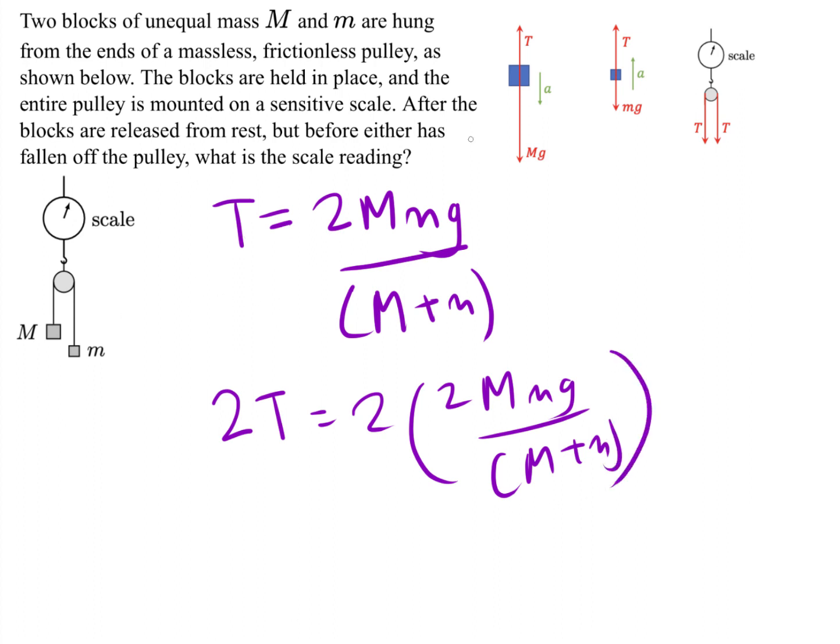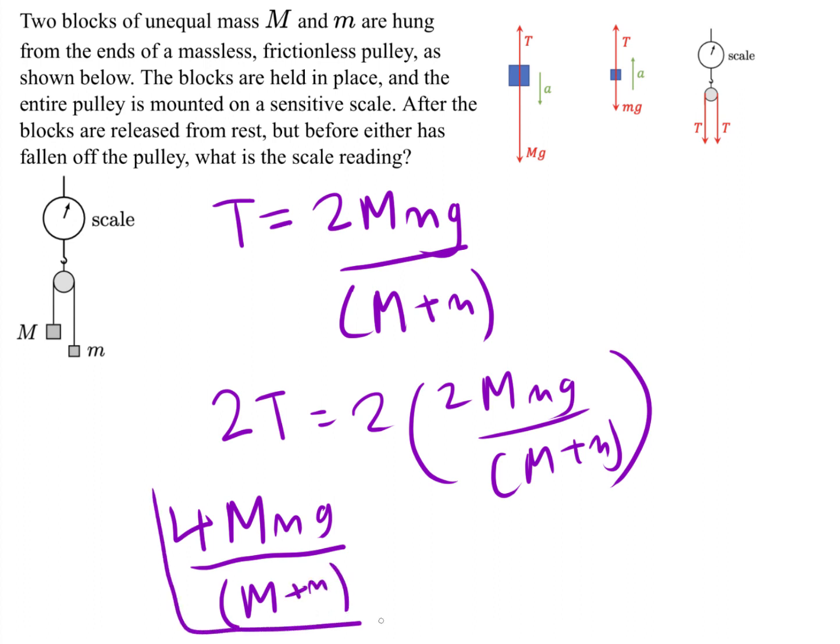The actual force on the scale, or the scale reading, will be equal to 2 times the tension force, or 4 times the mass of the larger one times the mass of the little one times the acceleration due to gravity divided by the mass of the larger block plus the mass of the little block. And this is the final answer to this problem.